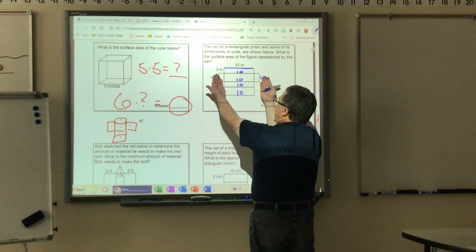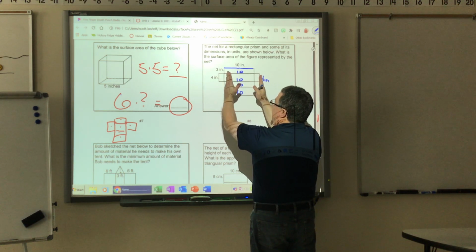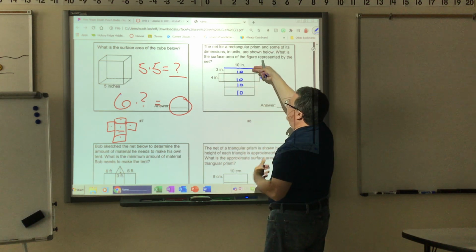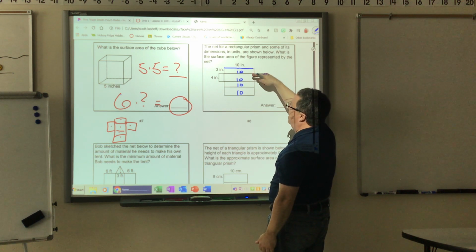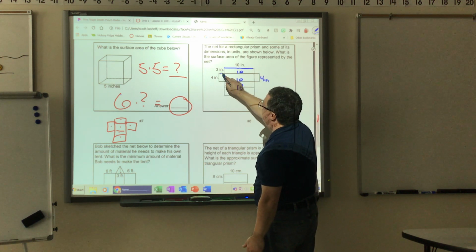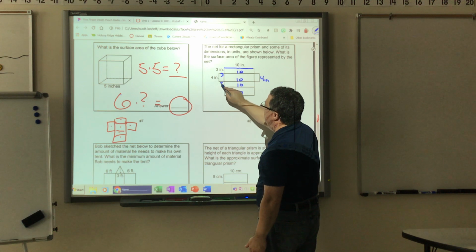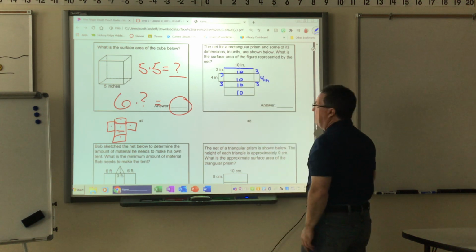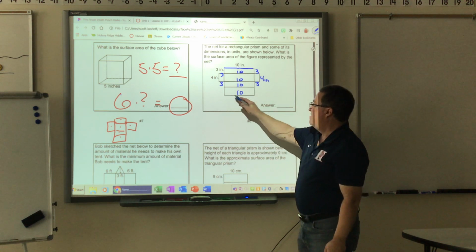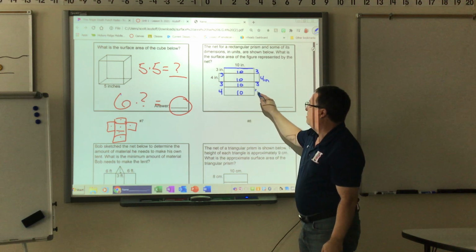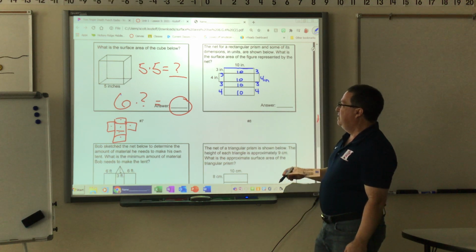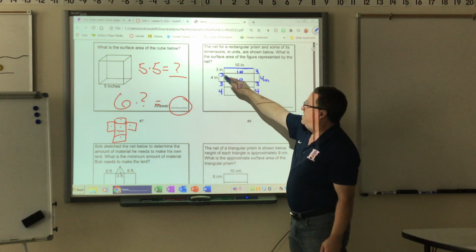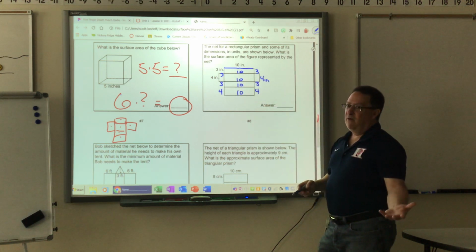If I was going to flip those up to be 3-dimensional, and take the back and flip it up, then this side would be 3, this would be 3, and these would be 3. What that leaves me with is the top, which would be exactly like these. So I've got every one labeled.